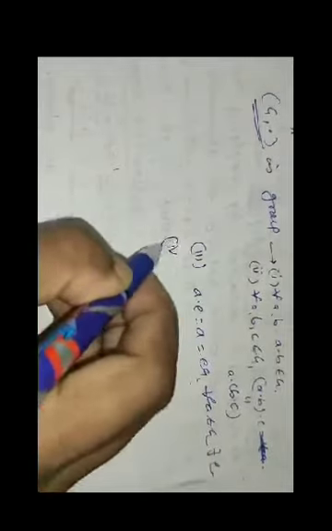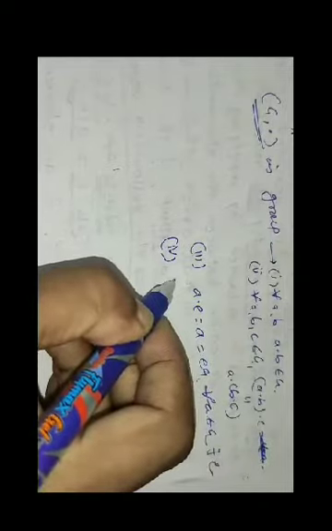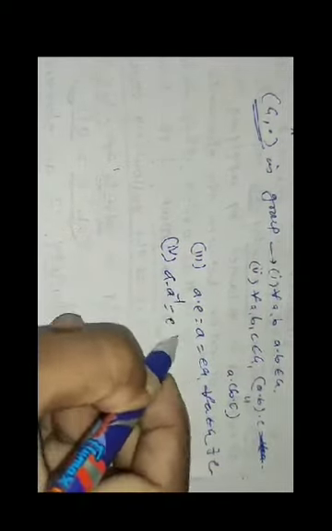Then third is identity, that means AE is equal to EA for all A belonging to G, there exists E. And fourth property is inverse, that means A into A inverse is equal to E, and A inverse into A, for all A belonging to G there exists A inverse such that this condition is satisfied.